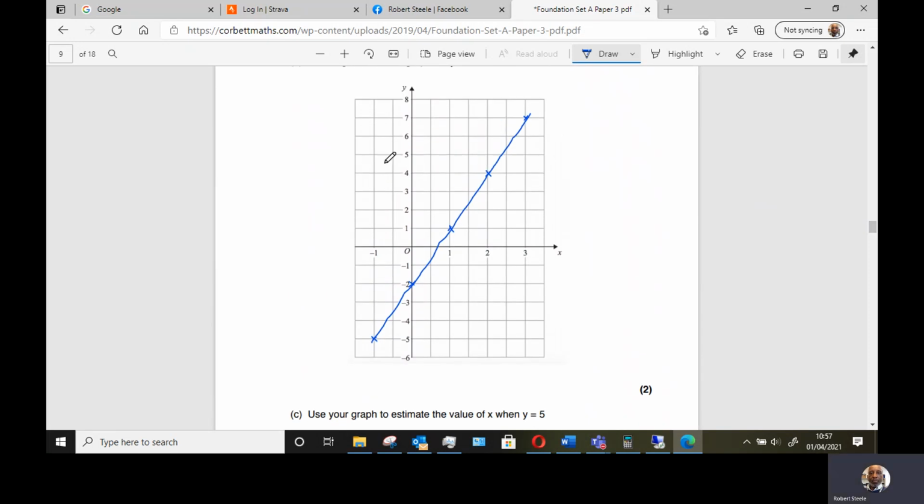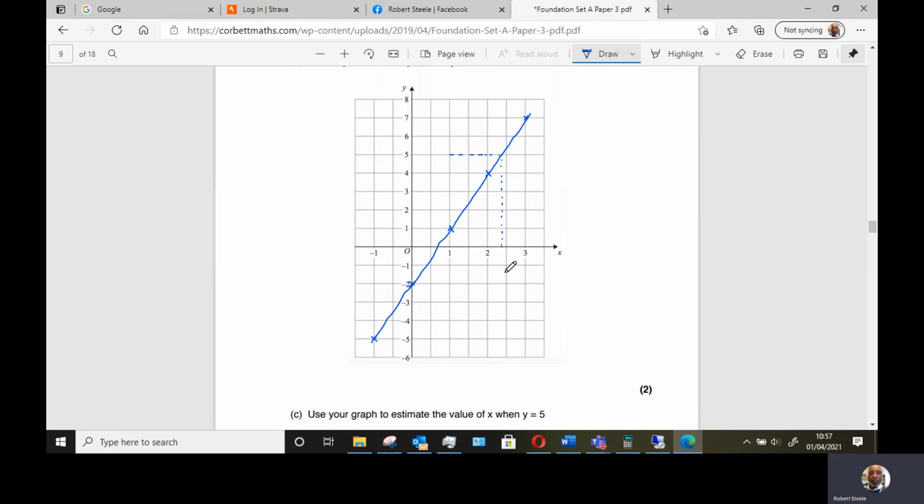So when y equals 5, we come across here to there and go straight down like so. Again, do that with a ruler.